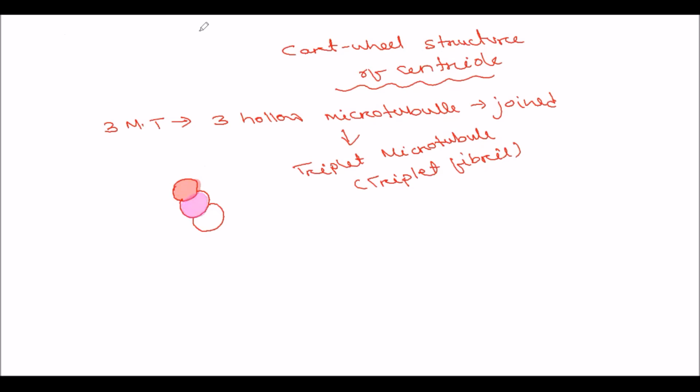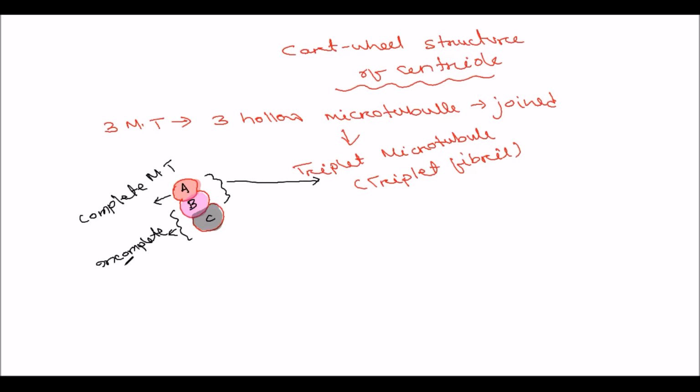So these three microtubules when joined, suppose this is microtubule A, this is B, and this is C. This is your triplet fibril. The A microtubule is a complete microtubule. But these two are incomplete.